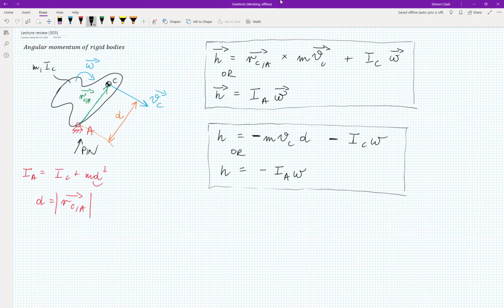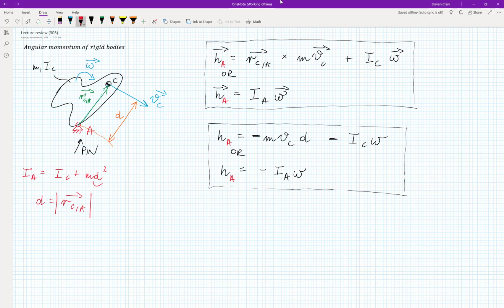And I noticed one more typo on the board. Of course, I forgot about the subscript next to h. Please put A in here, A in here, A in here, A in here, and A in here. These are angular momentums about point A and not any other point, okay? Not point C, for example. This is angular momentum about point A.